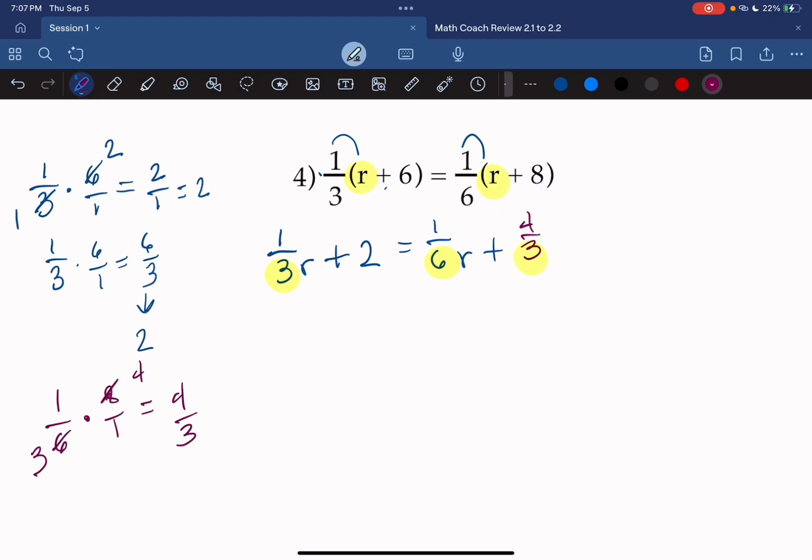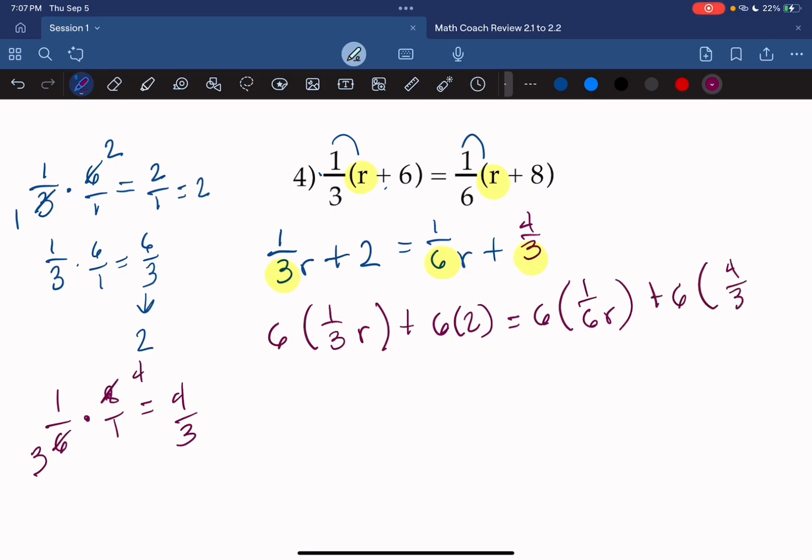So let's multiply everything in the equation by 6. 6 times 1 over 3r plus 6 times 2 equals 6 times 1 over 6r plus 6 times 4 over 3.